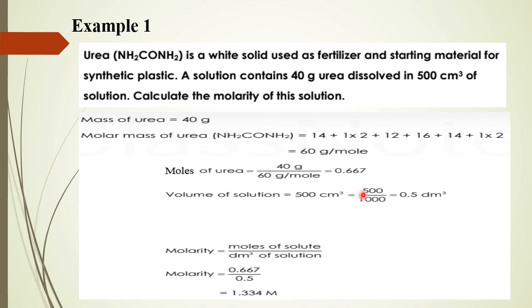What you have to do, divide this 500 by 1000, then you get 0.5 dm cube. Put the values: molarity is equal to 0.667 divided by 0.5, then you get the answer 1.334, and the unit is capital M. So this is the molarity of this urea, 1.334.